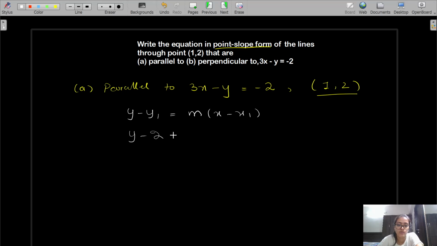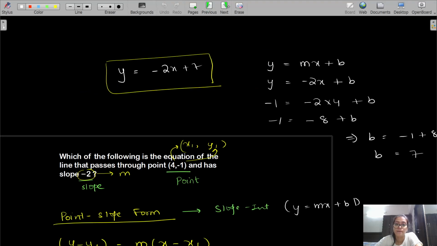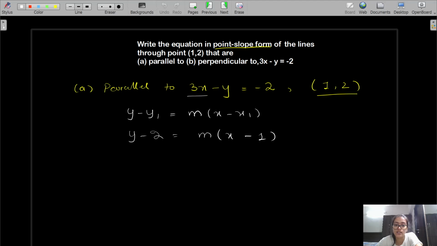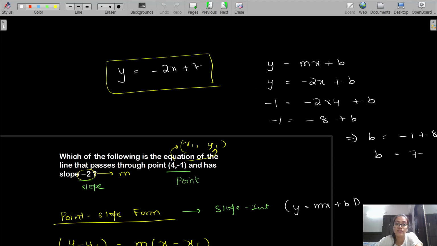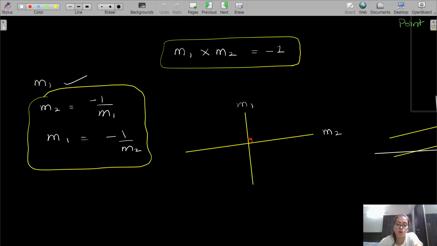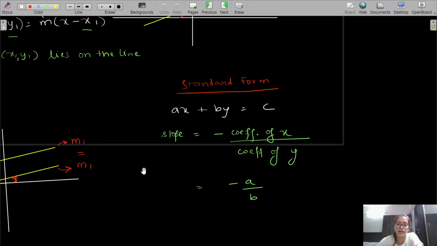So y minus 2 equals m times x minus 1. And now we need to find out the value of m. M is the slope. And if you remember, I told you that this line right now is in standard form, 3x minus y equals -2. And if an equation is in the standard form, then its slope is given by negative coefficient of x over coefficient of y.